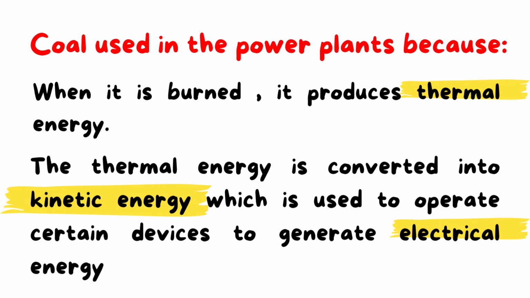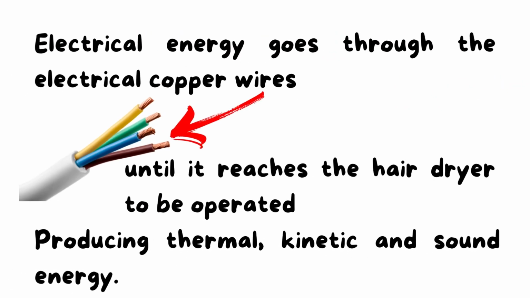Yes, as the electrical energy goes through the electrical copper wires. These are the wires, as you see here. Inside the cable we have wires in all devices that we use.